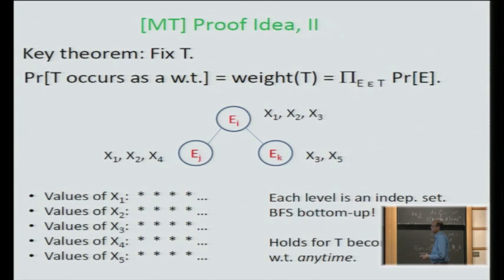There's no left to right information, you can process them in any order. When you come to any node in the tree, if it depends on x1, x4 and x5, you can say that it happened because of this copy of x1, this copy of x4 and this copy of x5. So the probability of that is of course the probability of that event. And these copies will never overlap, so it's just the product.